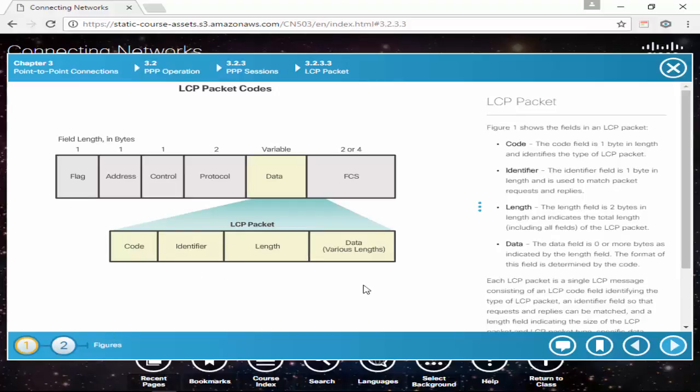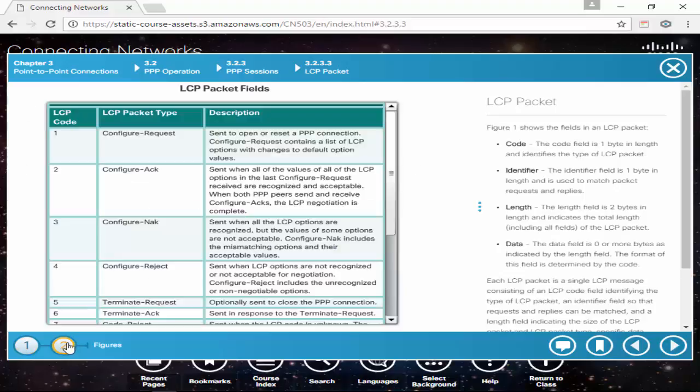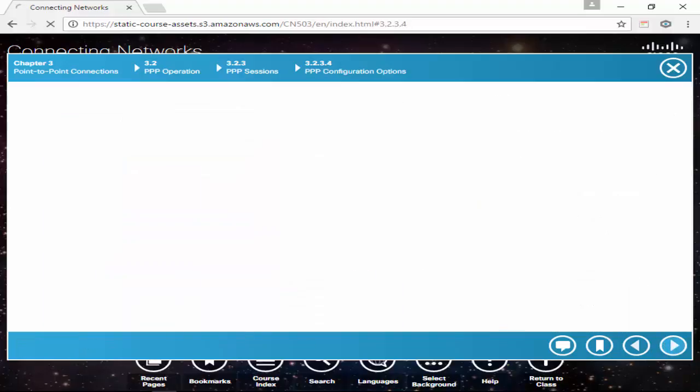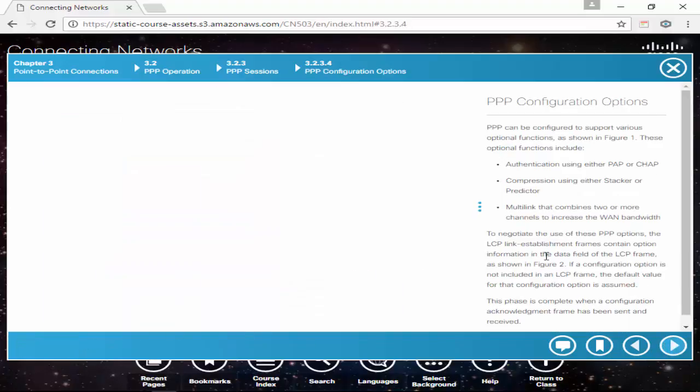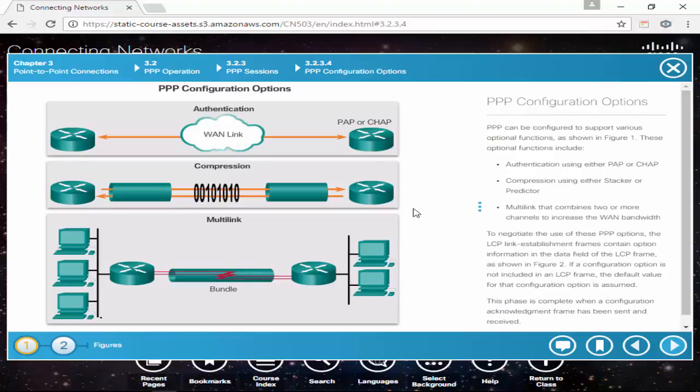So we saw our frame, now we see our NCP packet, which is inside of our PPP frame. What else do we have here? Oh, we have authentication and our other options: authentication, PAP and CHAP.